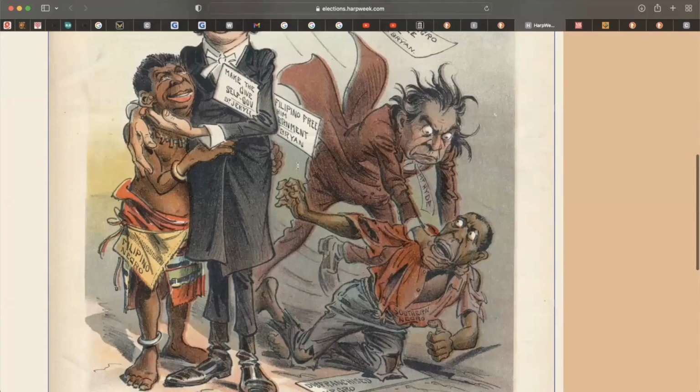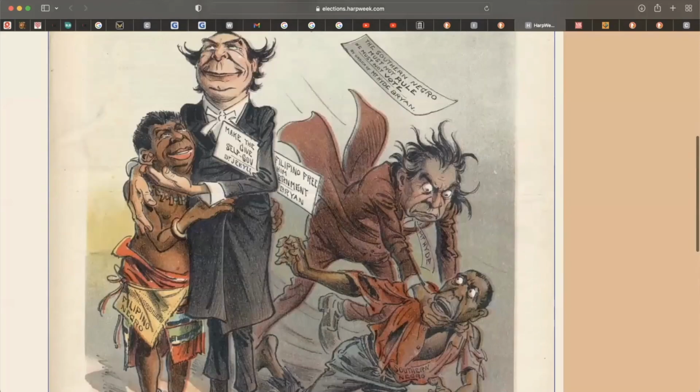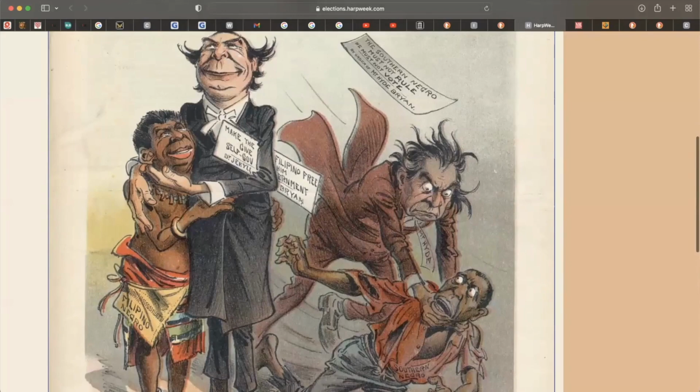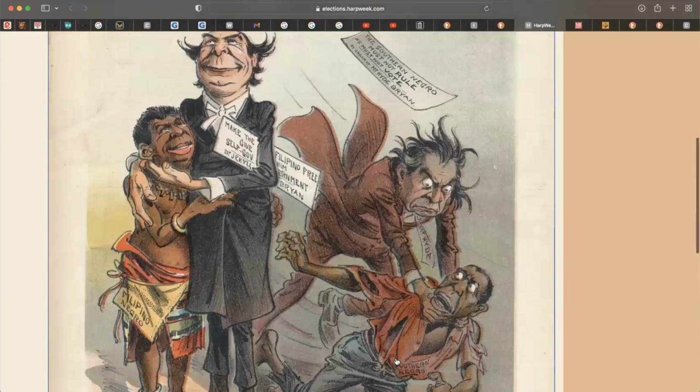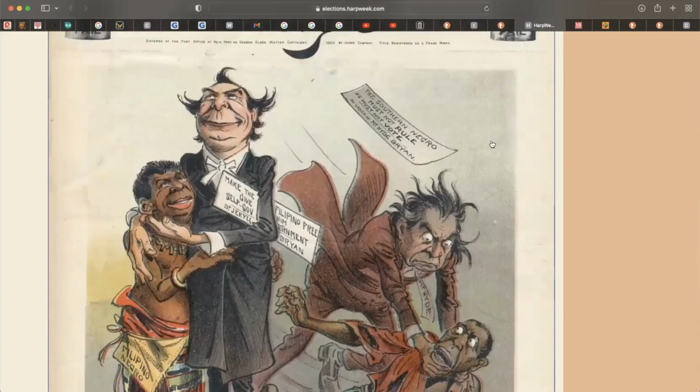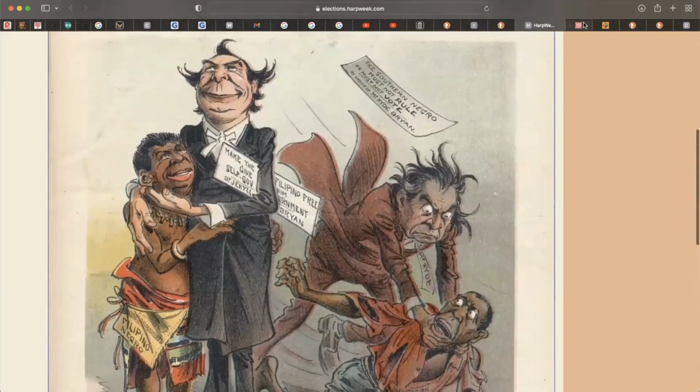And it says, make the Filipino free, give him self-government, Dr. Jekyll Bryan. And it says, the Southern Negro must not rule, he must not vote, by order of Mr. Hyde Bryan. All right, you see that? And it says, for one Negro and against the other, Dr. Jekyll Bryan and Mr. Hyde Bryan. All right, very interesting and very telling, right?